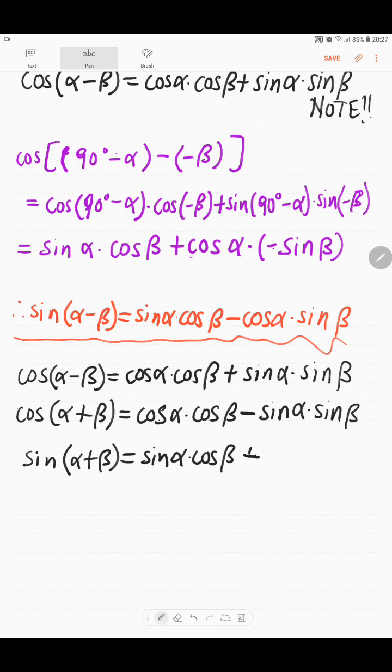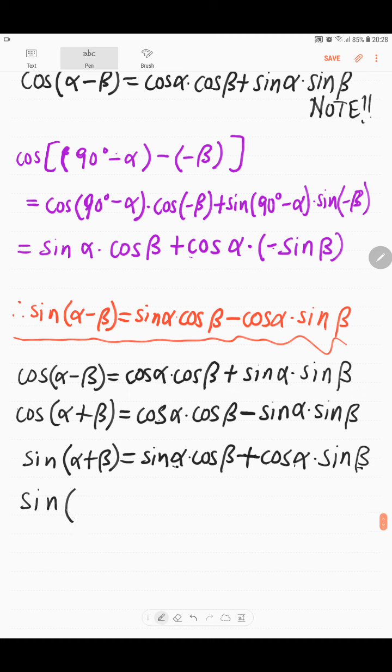plus cos alpha by sine beta. Yeah, I see it now, because there's sine alpha and cos beta, and cos alpha and sine beta.